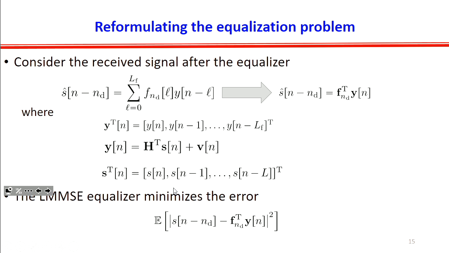So we need to construct our error metric based on the error between S of n minus nd, that was truly transmitted, and the equalizer predicted estimate of Sn. So that is the idea.